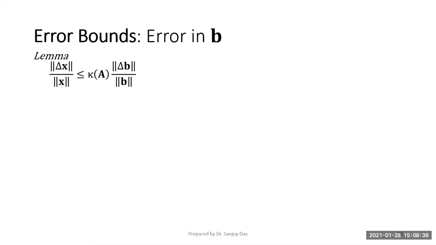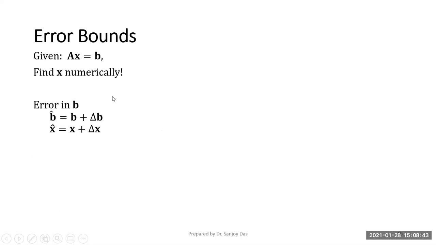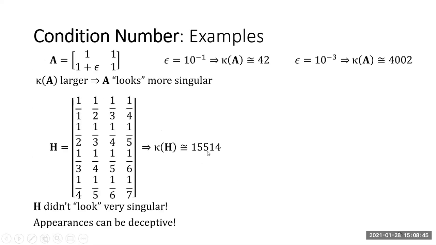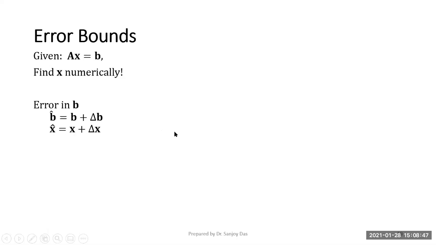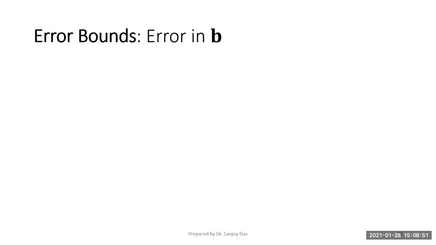Okay. If the condition number is, let's say, what did we have here? 15514. And suppose we have 10 to the minus 5 as the fraction error in B. So our measurements are very accurate, just 10 to the minus 5, so 0.001% is the error.